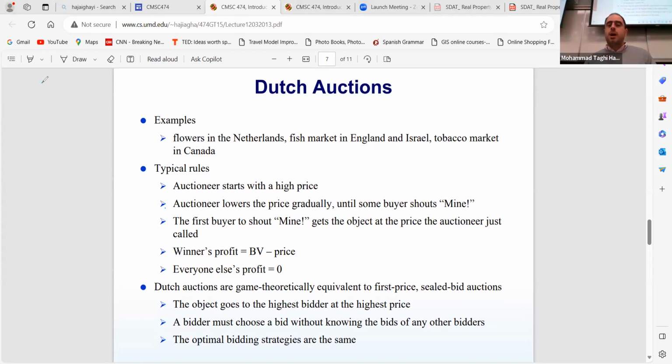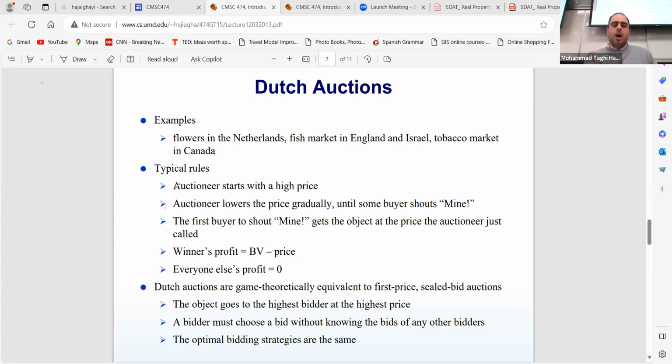Also the fish market in England and Israel, or the tobacco market, for example, in Canada. These are some typical examples. They may have changed by now, but these are more historical. You hear a lot about English auctions and Dutch auctions. These are the very famous ones. There are others, but these are the most famous.